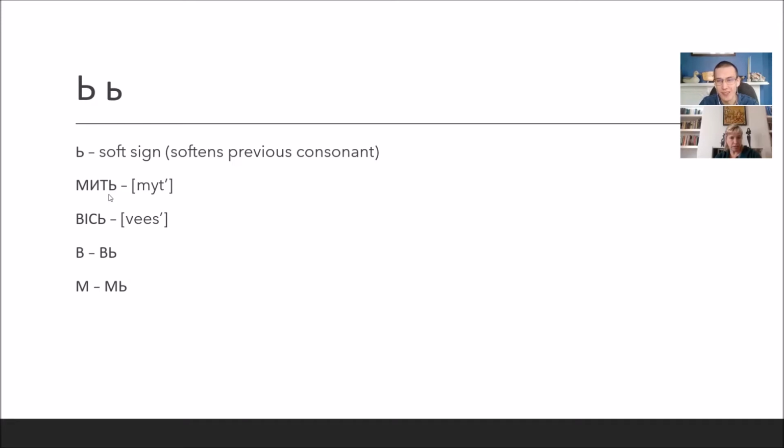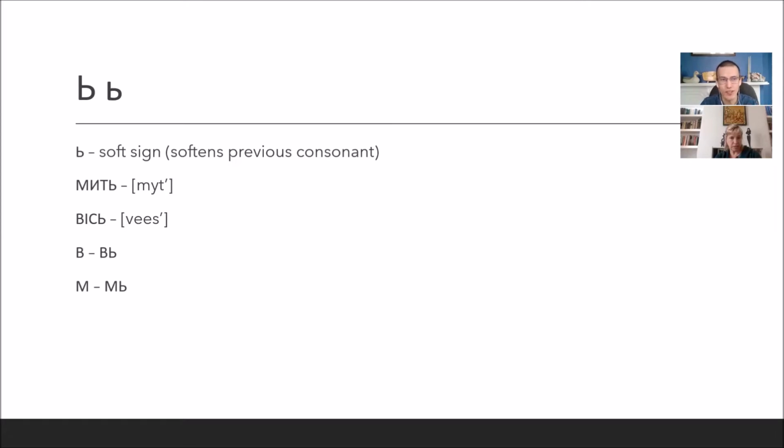makes the sound softer. So, for example, if it were a hard sound, you would say t. When it's softened, it sounds different. So your mouth just makes a slightly different sound. So t and t. Vis, without the soft sign, it's s.